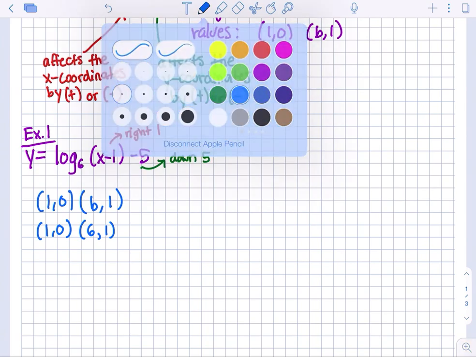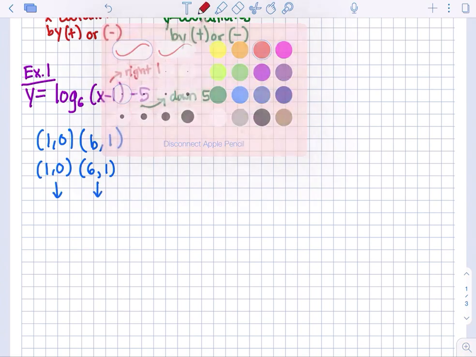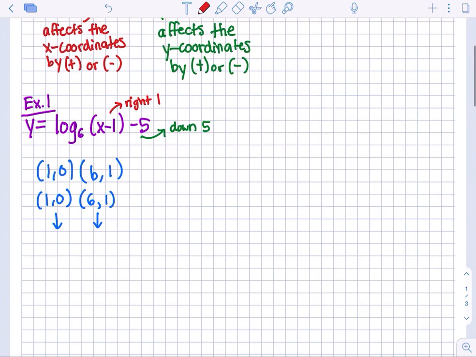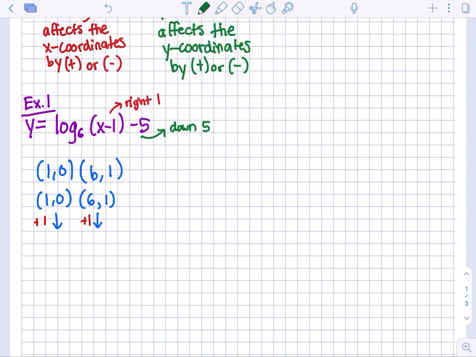Since it goes right 1, that means you're adding 1 to the x coordinates, and going down 5 means you're subtracting 5 from the y coordinates. Now remember, if this is minus, then that means it's going right. If this is plus, that means it's going left. If this is minus, that means it's going down, and if this is plus, that means it's going up.